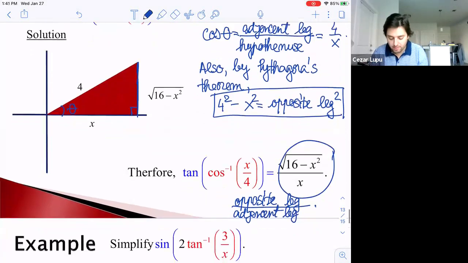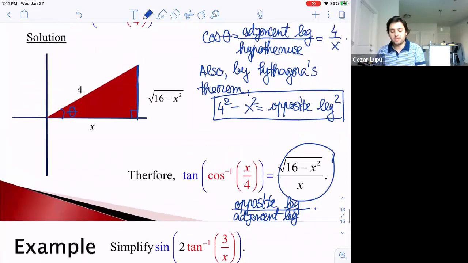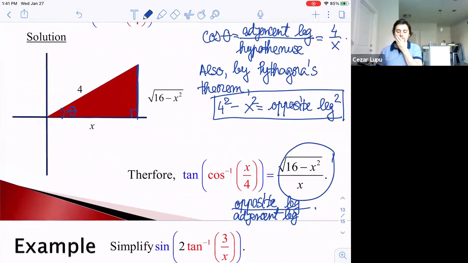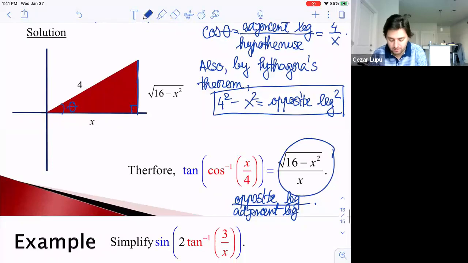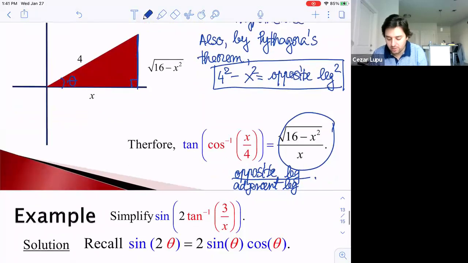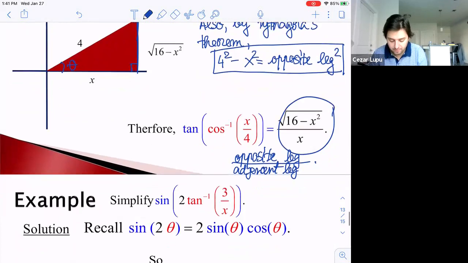Another example, a little bit tricky now, is that we would like to simplify sine of 2 arctangent, the tangent inverse of 3 over x. Here we would like to use a trigonometric identity, which says that sine of 2 theta is 2 sine theta cosine theta.